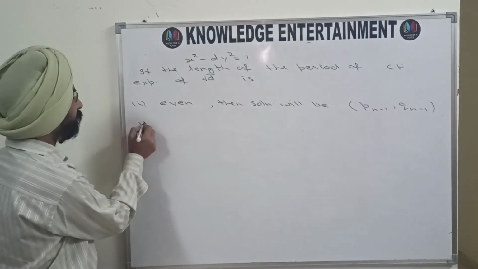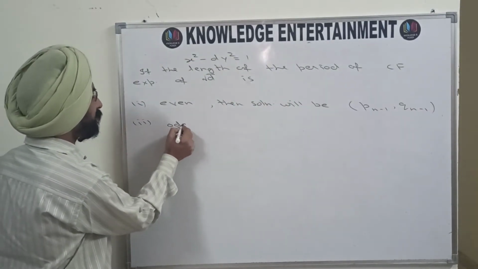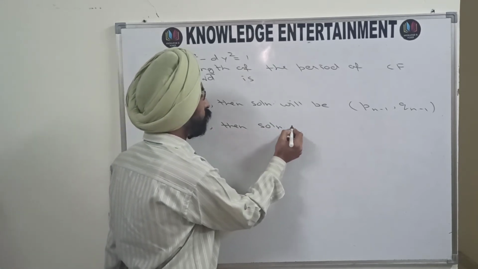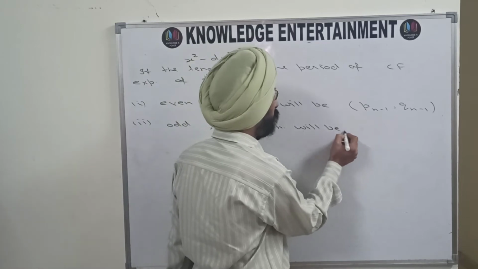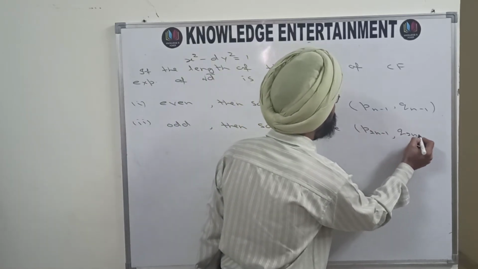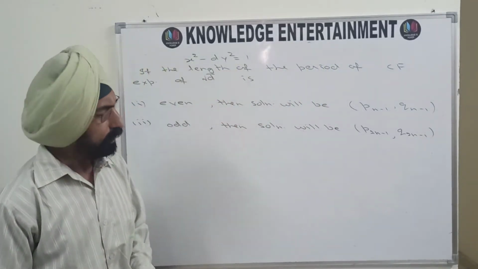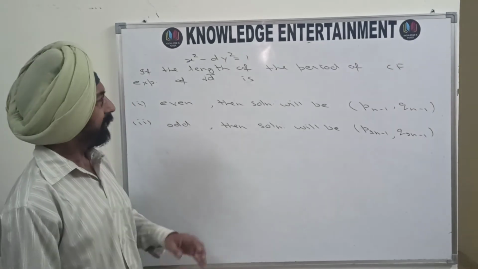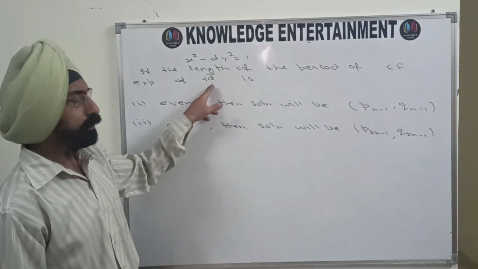And if the length of the period is odd, then the solution will be p(2n minus 1), q(2n minus 1).